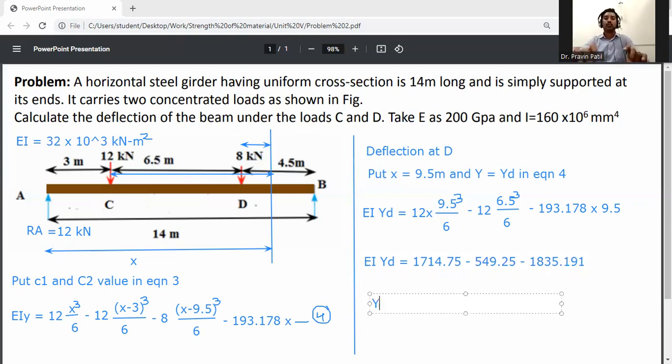So yd is equal to 1714.75 minus 549.25 minus 1835.191.